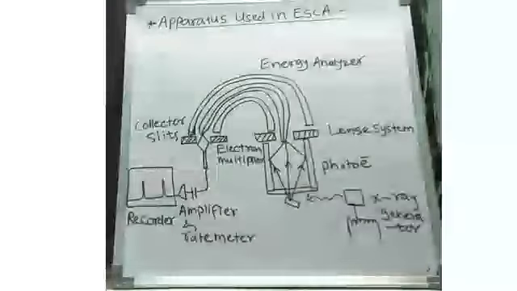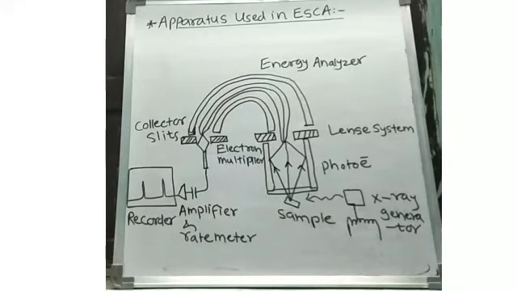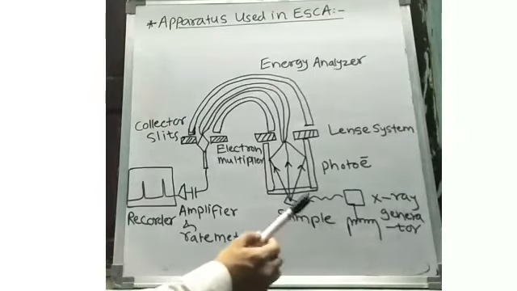Here is the hemispherical electrode, and electrons travel towards it, and then the collector collects and sends them to the detector side where electron multiplying occurs, and these amplify the signal and the computer records the signal. This is the recorder.